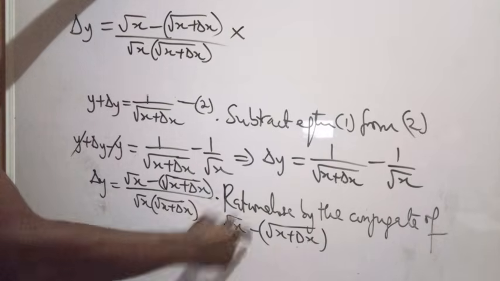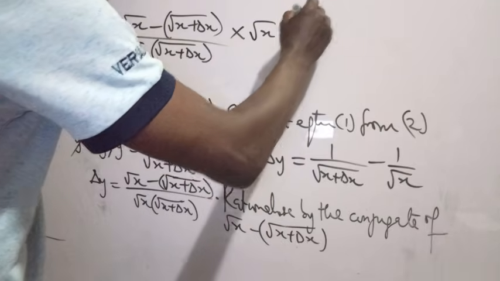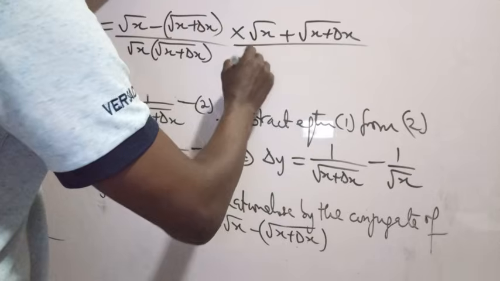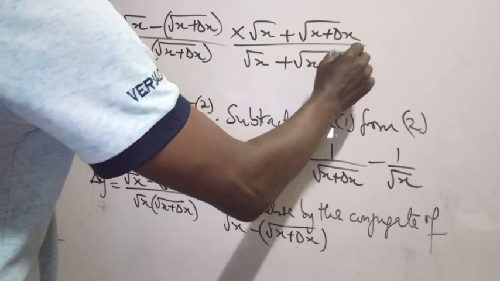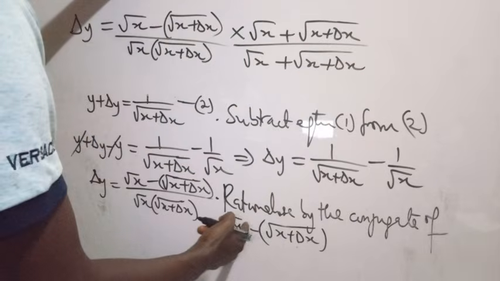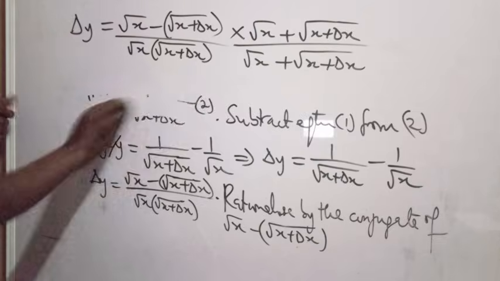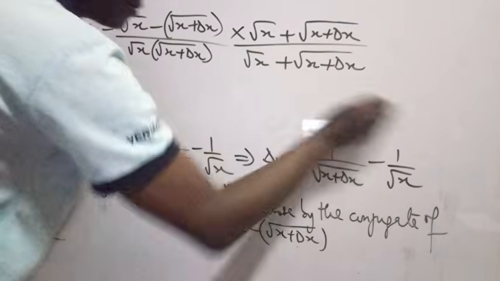And what's the conjugate of this? That's root x plus root of x plus delta x, all over root x plus root of x plus delta x, because the sign of this will change to plus. That's the essence of that, just to eliminate the square roots there.